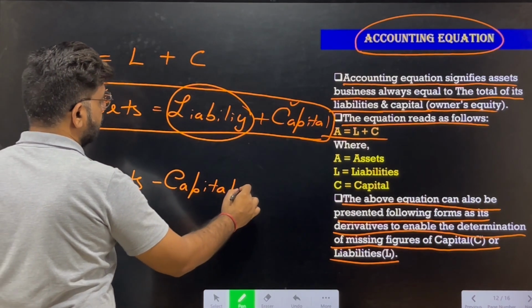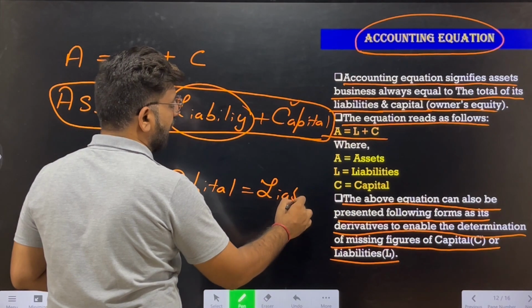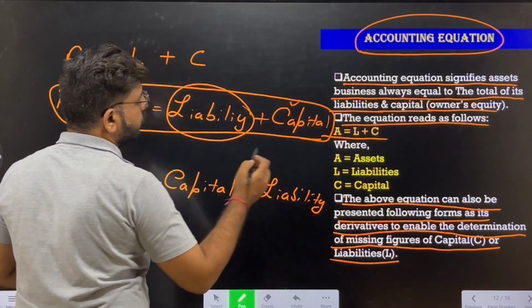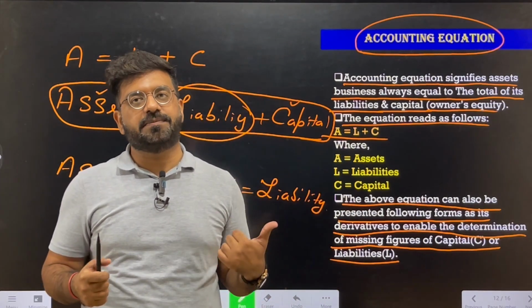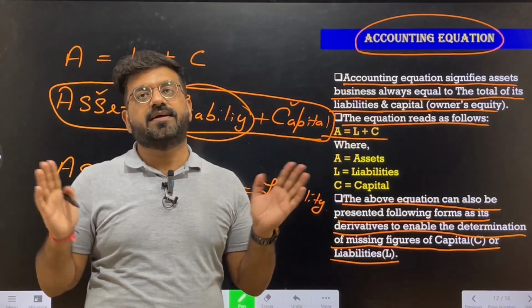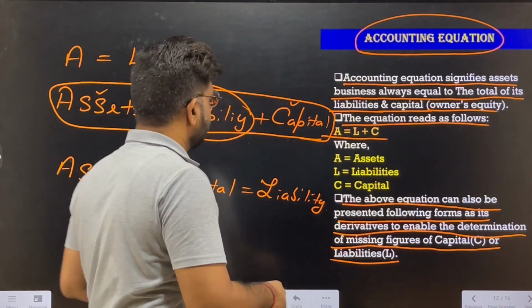After deducting capital from the assets, you will get the amount of liability and so on. So this is also possible: if you don't have one item, then you can find out that item by subtracting or adding the other two items. Okay, this is the accounting equation.